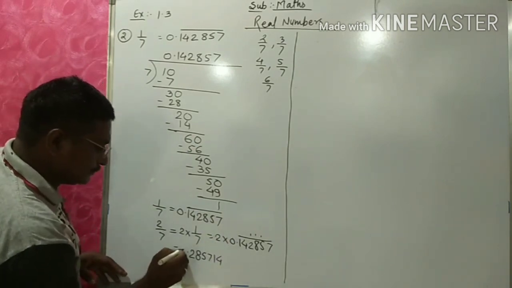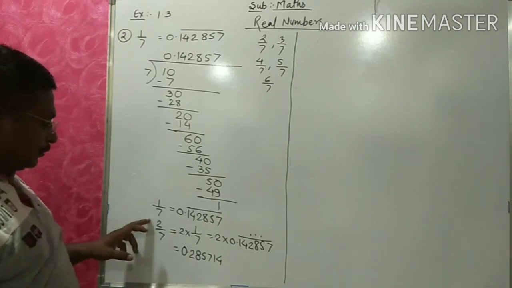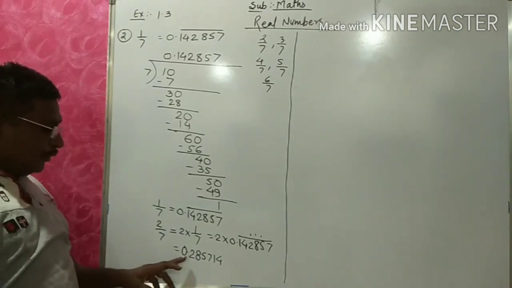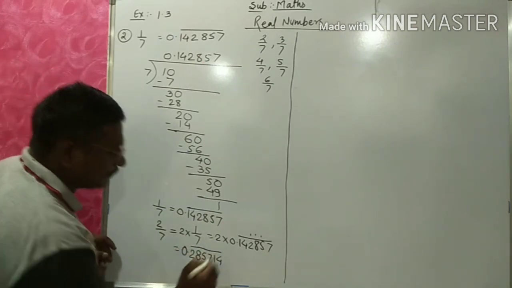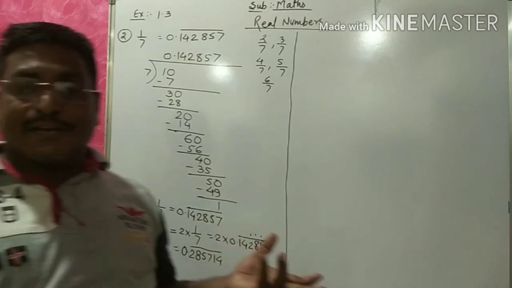So 2 by 7 is 0.285714 bar. You can divide and check it.